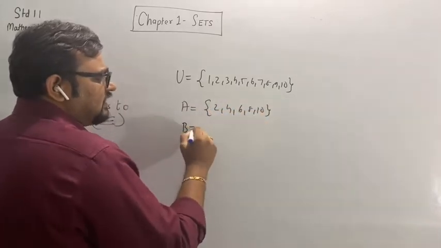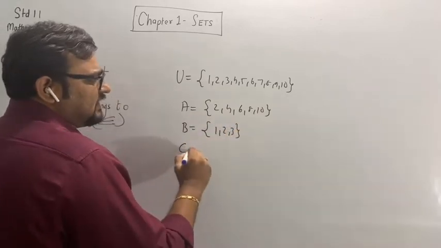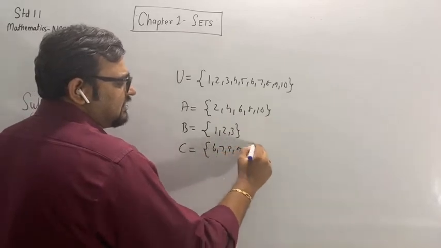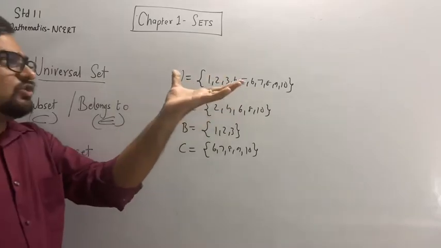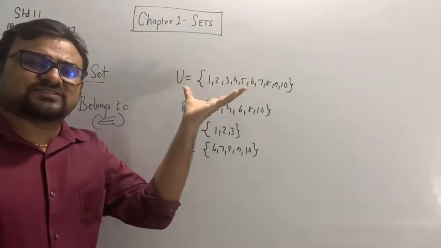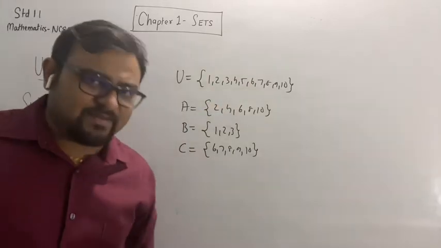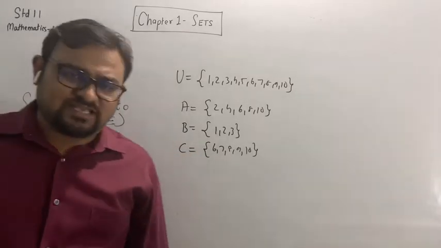Set B, numbers less than 4, means 1, 2, 3. Set C, numbers greater than 5, 6, 7, 8, 9, 10. So these three sets are defined on the basis of this set. This is the universal set. It consists of all the elements including itself. That is the universal set. Clear?